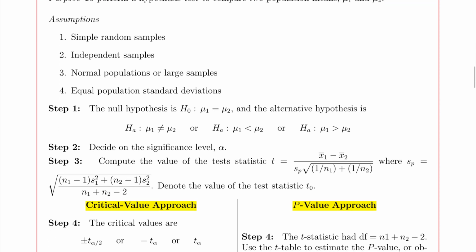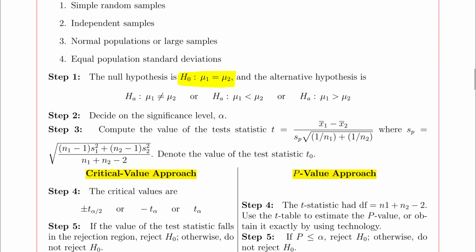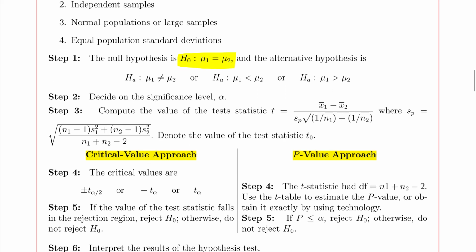The hypothesis test, just like what we've been doing here, the null hypothesis is that the population means are equal to one another. Then we have the three alternative hypotheses: the two-tailed test where the two are not equal, the left-tailed test, and then the right-tailed test. And then we also have a significance level. We've done this before. The difference here is step 3 where we have to compute the value of the test statistic.